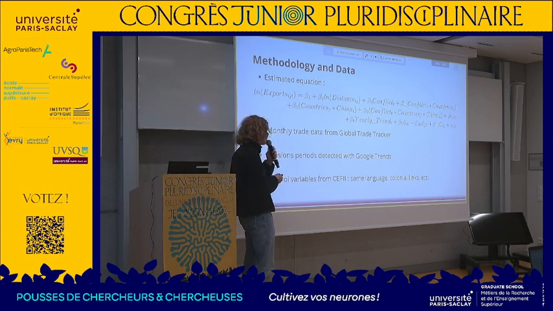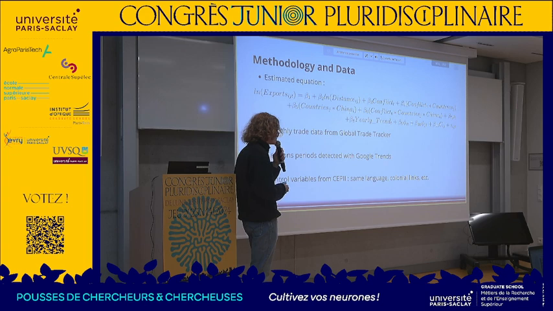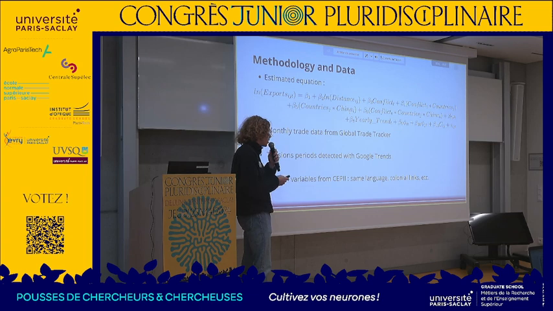The conflict variable is constructed with the Google Trends website, which gives us interest quotations for specific quotes searched on the web by people. So what we assume here is that the more interest people have for a specific conflict, in fact the China-Taiwan conflict, then the more intense it should be at the given period.